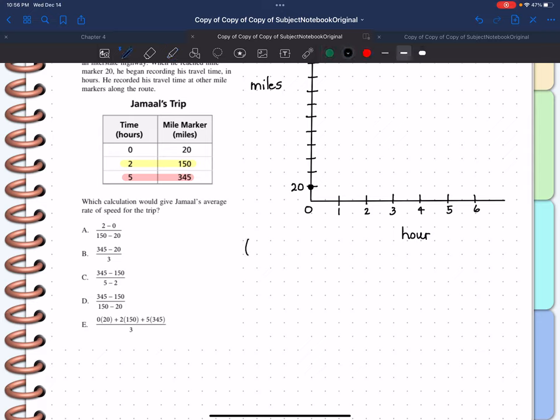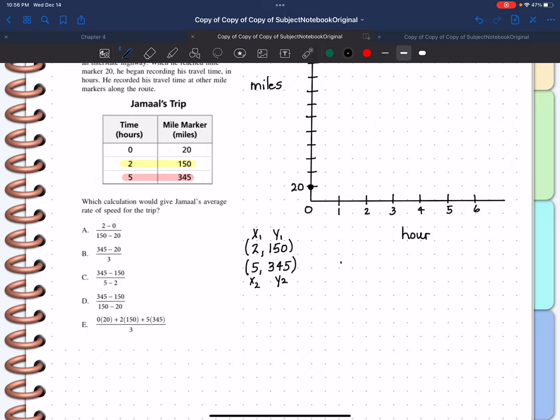Let me write them this way. 2 and 150. And then 5 and 345. And we're going to let this be x1. So this would be x2. Here's y1 and y2.